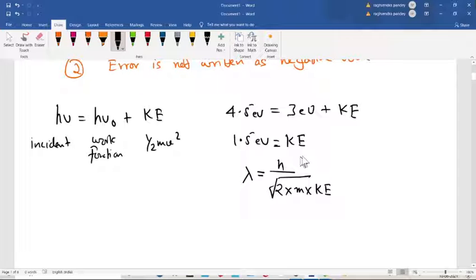Now, differentiating p with respect to lambda, we get dp by d lambda, because p is equal to h by lambda, so we write d of h by lambda upon d lambda.